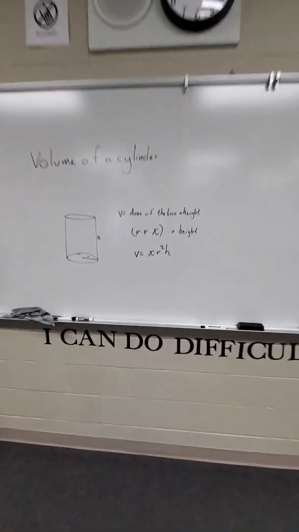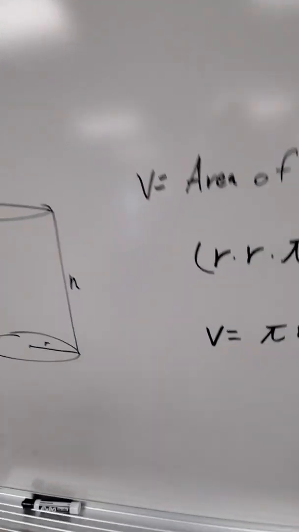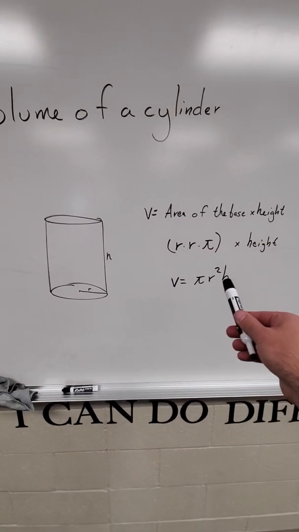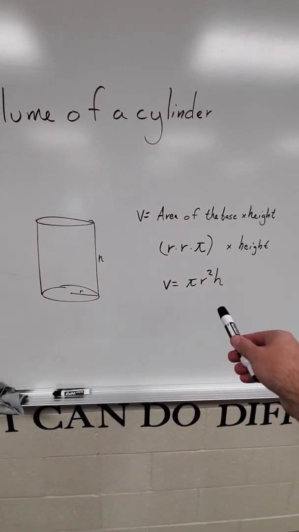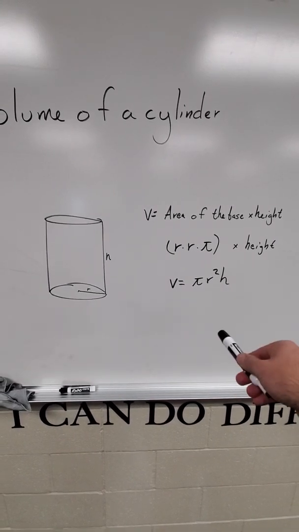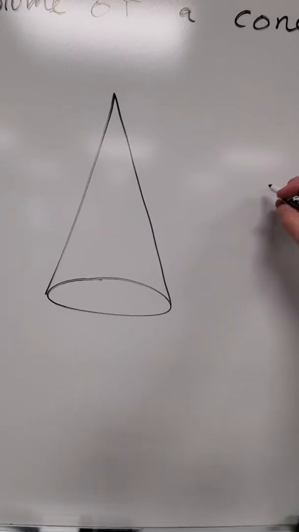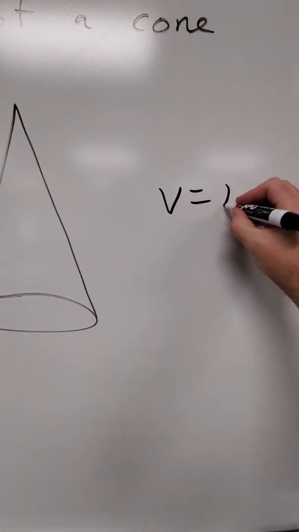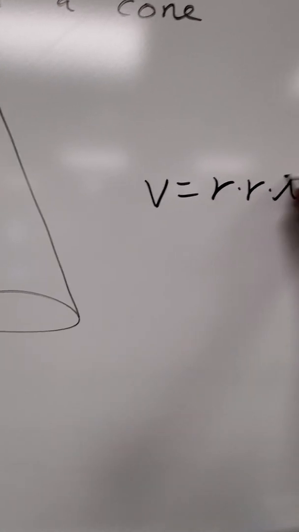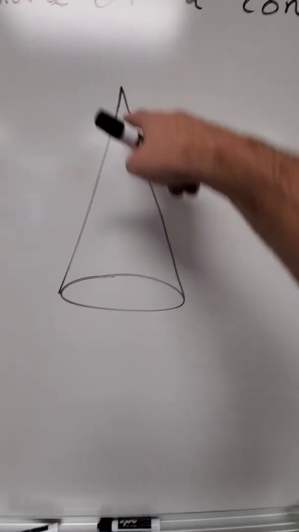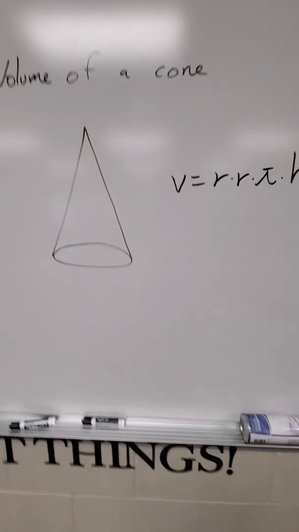So therefore, if the volume of a cylinder is pi r squared times height, then the cone is exactly the same. The area of the base, you find it as pi times radius squared. We multiply it by its height. However, how many cones fit in the cylinder?